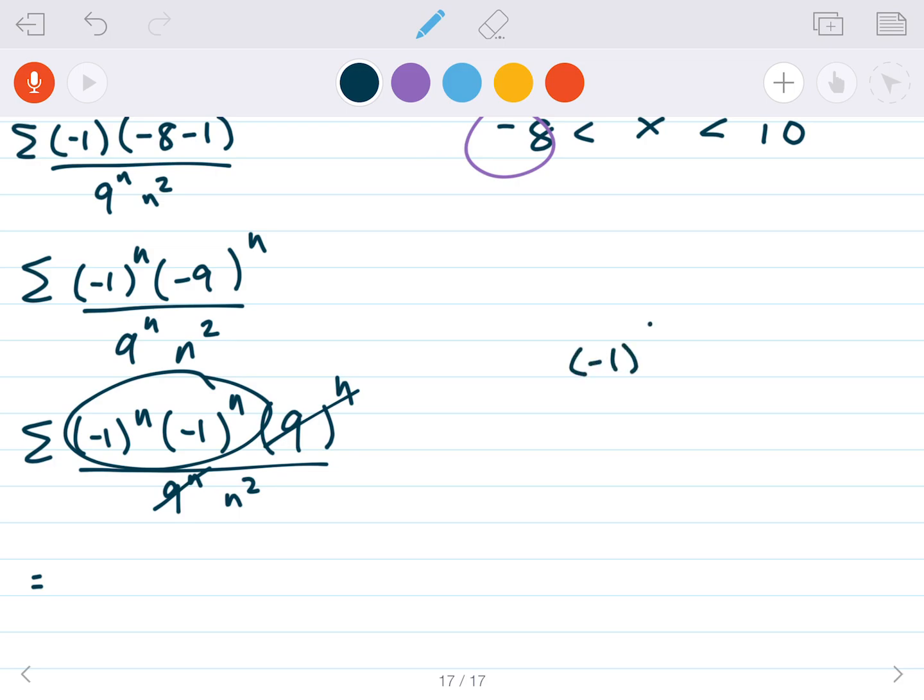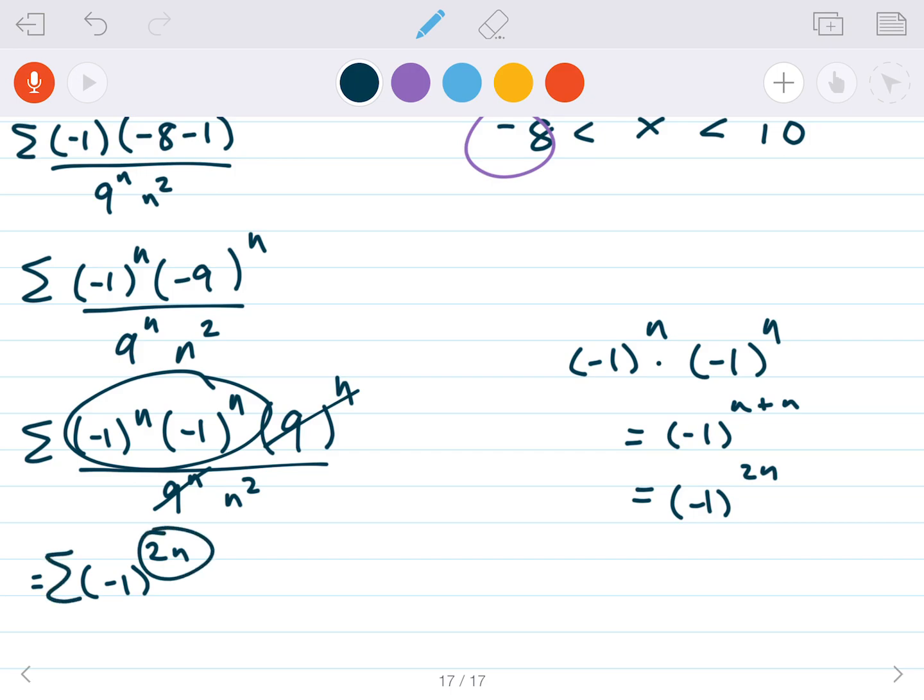When we have the same base and we're multiplying, we keep the base and add the exponents. So this is negative 1 to the 2n, and 2n is always going to be even, so this is always positive, right? So we have negative 1 to the 2n over n squared, which is the same thing as just 1, because this is always positive 1 for any n, over n squared.